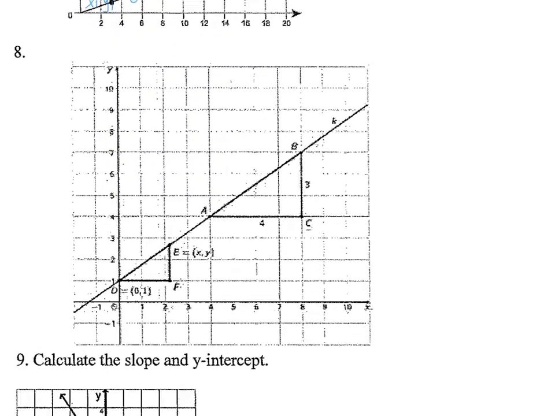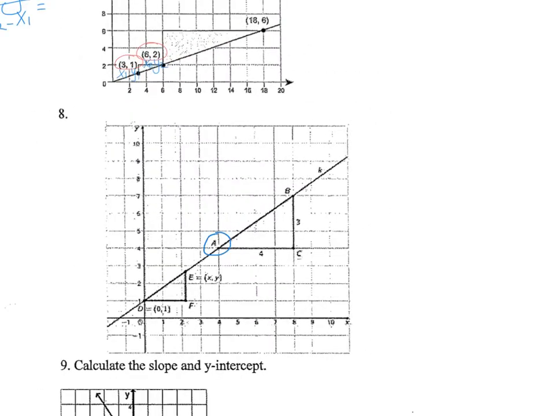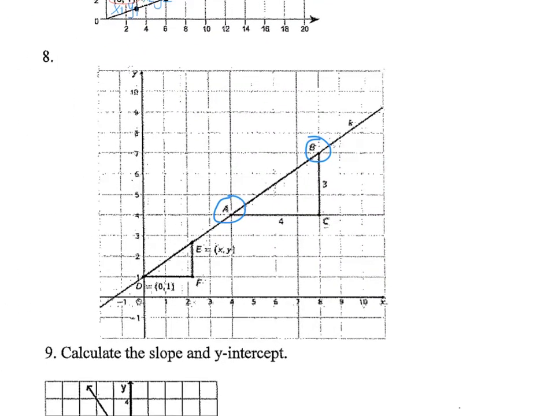I think it was this one. So this one's kind of weird because it's not very clear on the smaller triangle where it's at. So I would probably just use A and B. They're the bigger ones, but I think it'll be a little bit easier. So A is at 4, 4, and B is at 8 and 7.